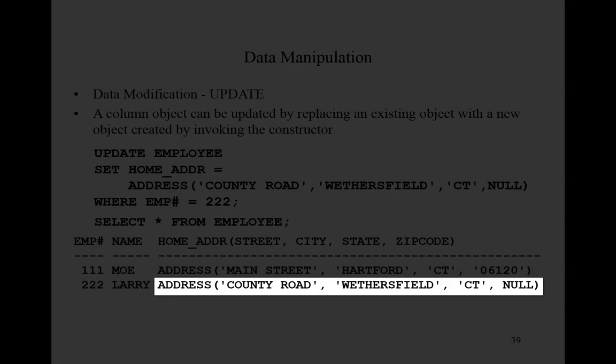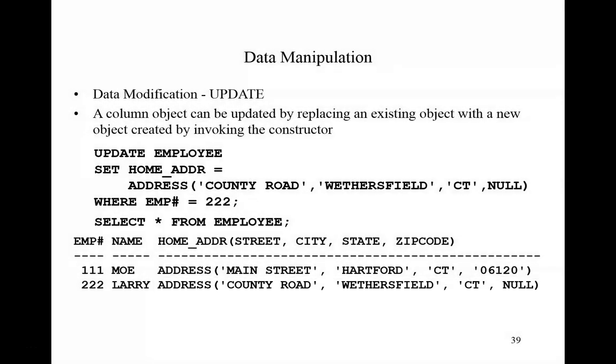So changes made to objects stored in the database can also be committed and rolled back. That is, these changes are part of a database transaction. The Oracle database system treats complex data associated with a user-defined type just like data of some built-in type. This means that the changes are considered tentative until the transaction completes.